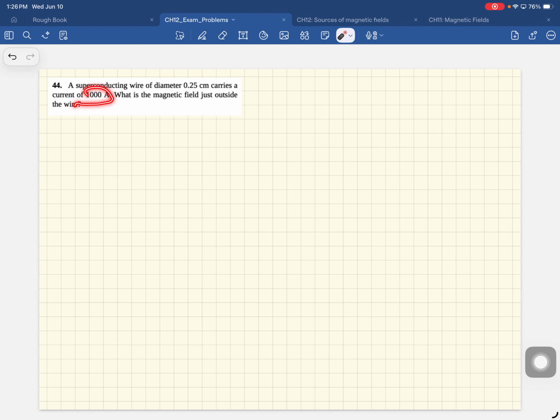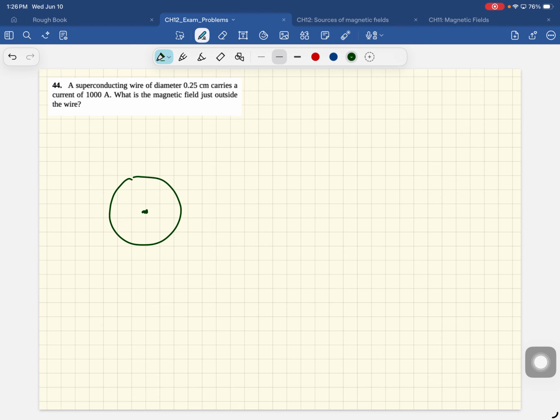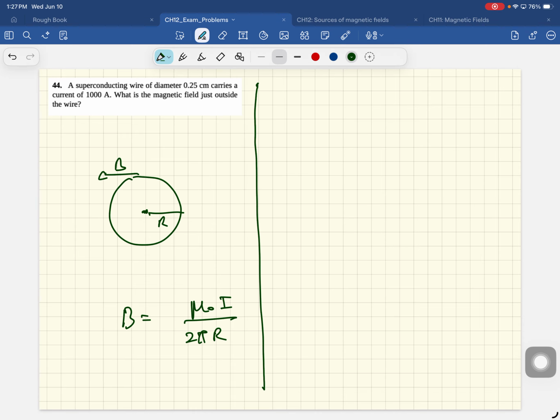So that's 10 to the minus 4, that comes to the top.